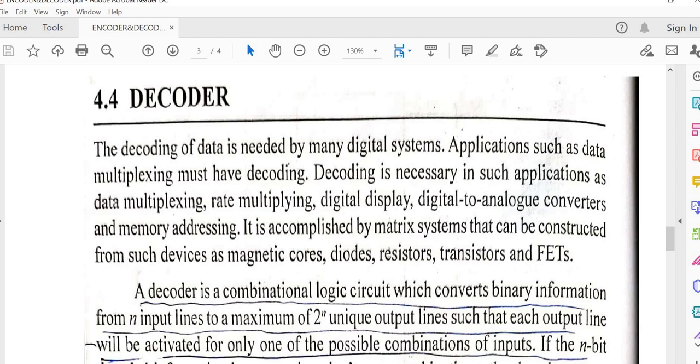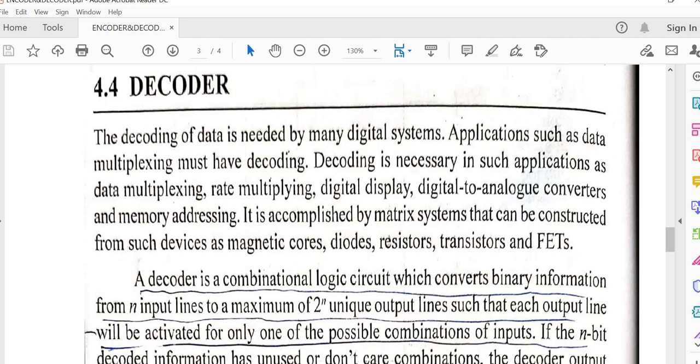It is accomplished by matrix systems that can be constructed from devices such as magnetic cores, diodes, resistors, transistors, and FETs.